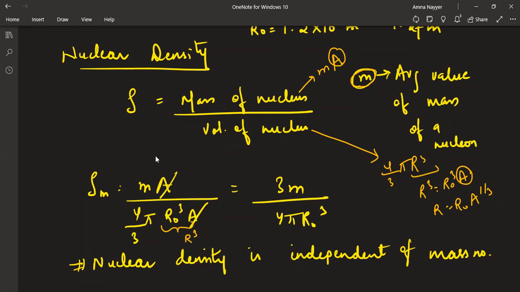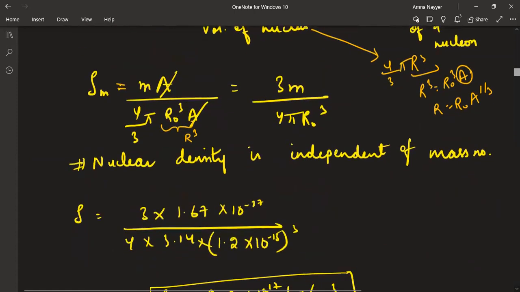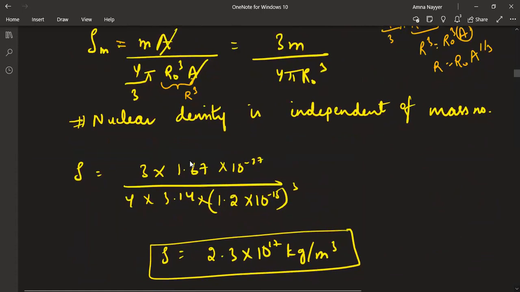When you put in the values, 3 into mass of the proton, 4 into pi into r naught cube, with r naught as 1 fermimeter, you will get a proper value, that is 2.3 into 10 to the power 17 kg per meter cube.